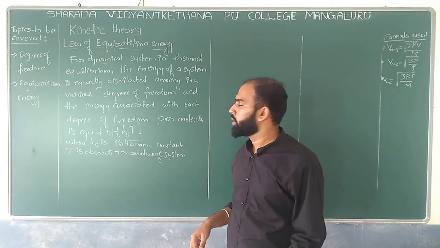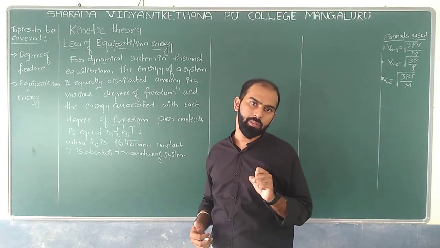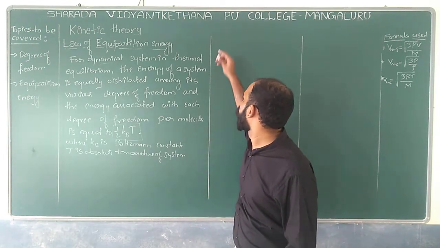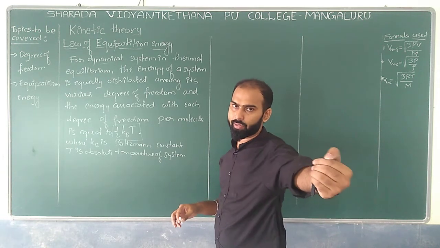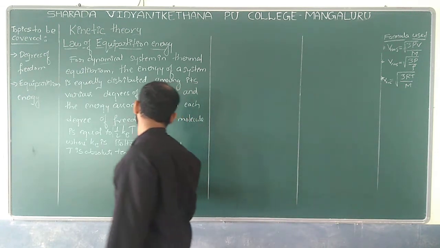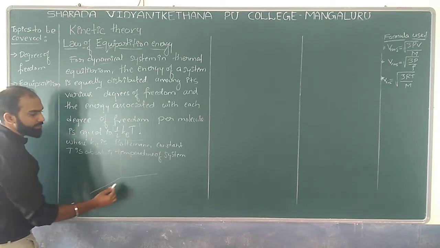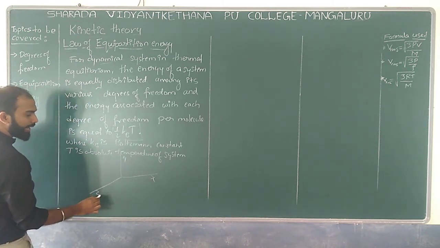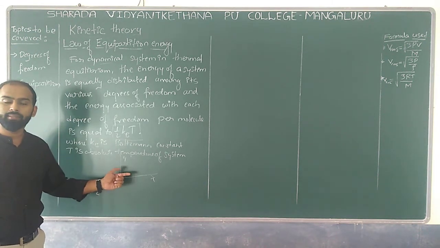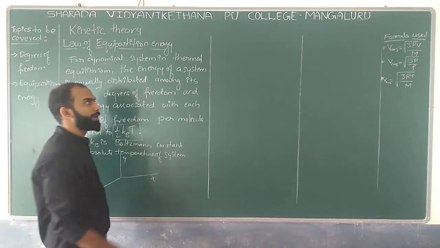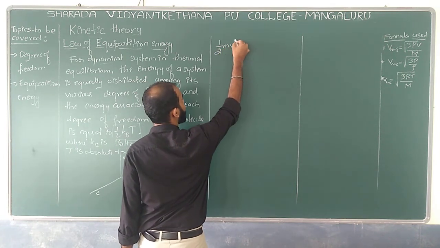For example, whenever molecules are moving, they have some kinetic energy, yes or no? So if I speak about the kinetic energy that a molecule can have, this is the x-axis, this is the y-axis, and this is the z-axis. Whenever a molecule moves along the x-axis, it can gain energy of half mvx square.